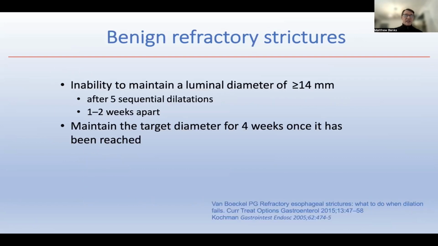In these strictures, I'd recommend that they have sequential balloon dilatations before considering anything else. But the definition of a benign refractory stricture is the inability to maintain a luminal diameter of 40 millimeters after 5 sequential dilatations, 1 to 2 weeks apart, or maintain a target diameter for 4 weeks once it's been reached.